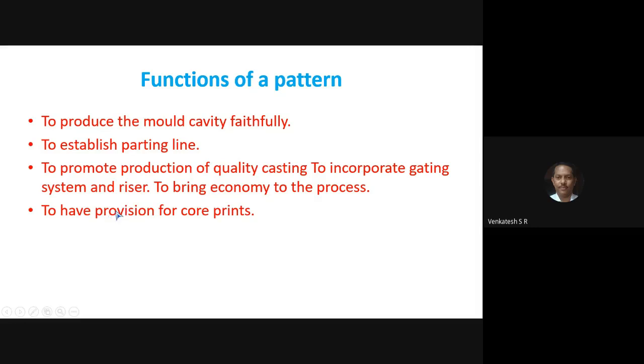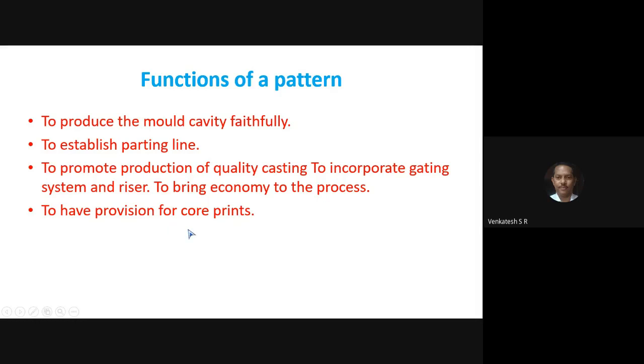If you keep all the items in the proper place and proper condition, you have good casting. That increases economy of the process. In turn, economy of the process is nothing but more productivity.